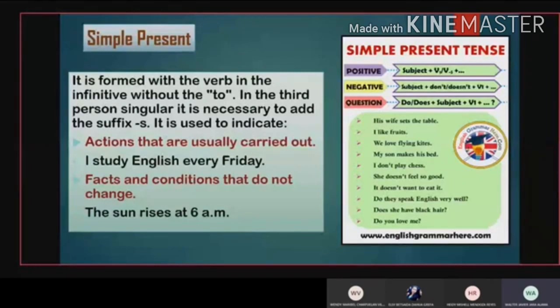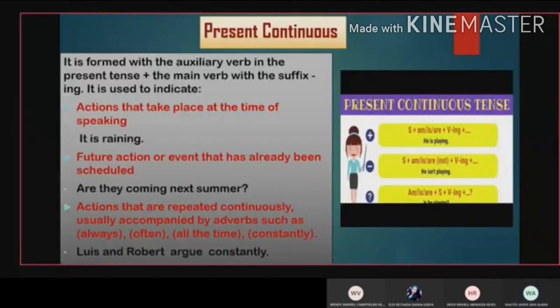Facts and conditions that do not change. For example, the sun rises at 6 a.m. The structure in positive: subject plus verb plus complement. In negative: subject plus don't, doesn't plus complement. In interrogative: do, does plus subject plus verb plus question mark.